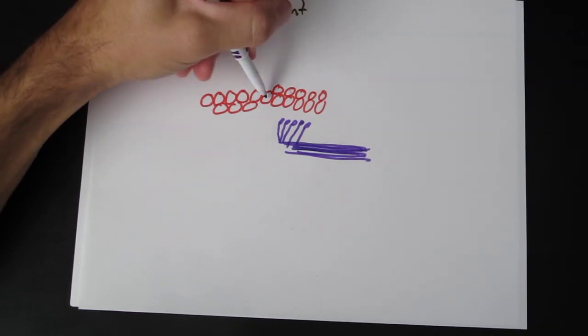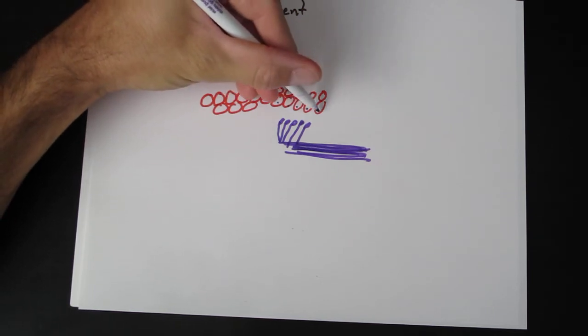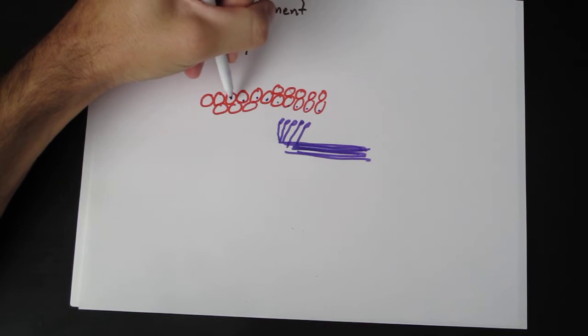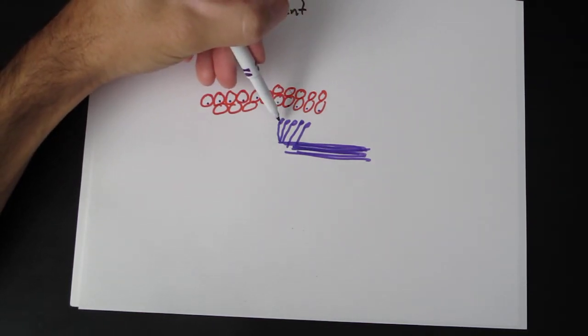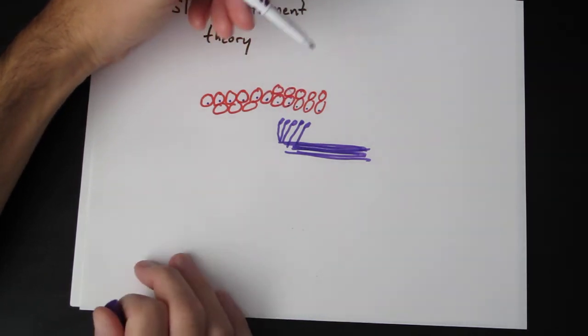Each one of these subunits that make up this thin filament, about where I'm placing these dots, has a myosin binding site, right? So this myosin head has the ability to reach up and bind to this actin.